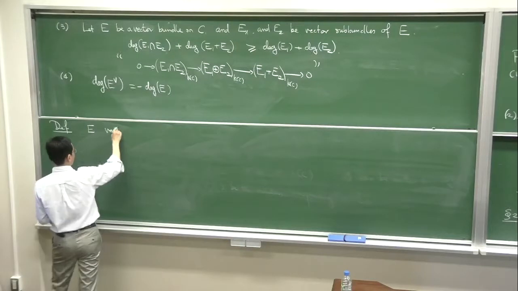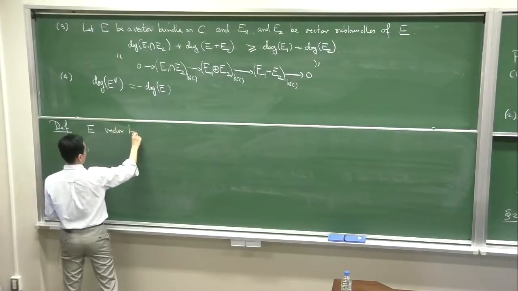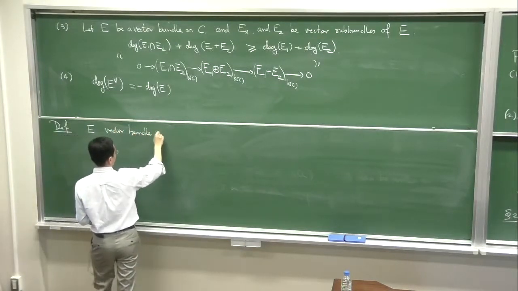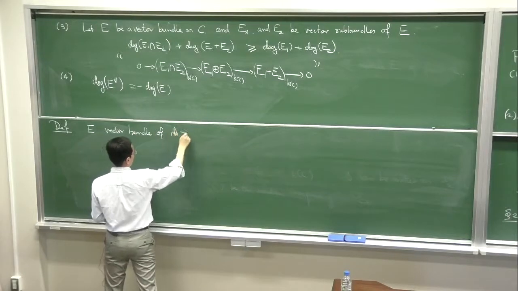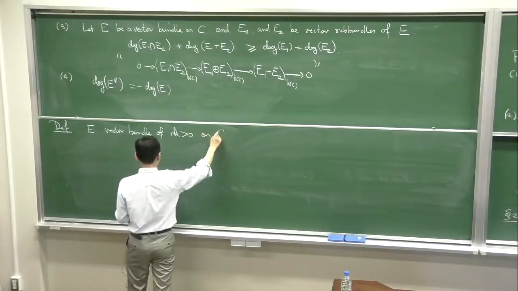So let E be a vector bundle on C of positive rank.